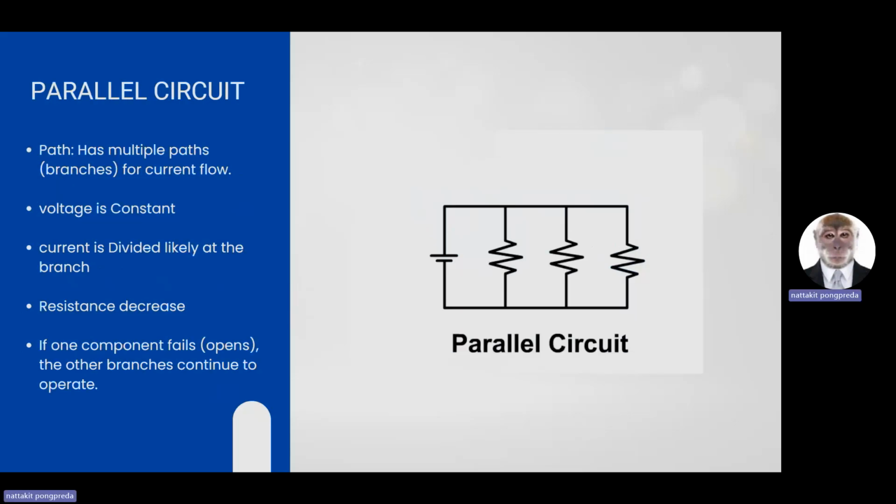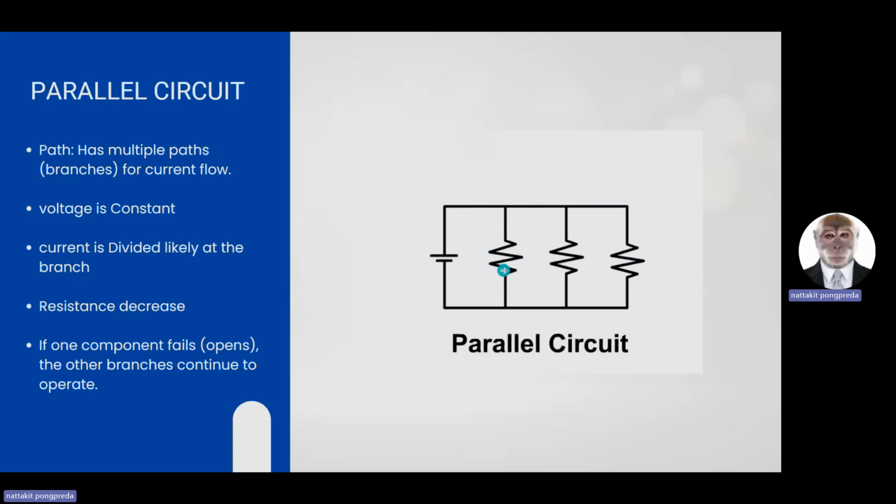Next, parallel circuits. Parallel circuits have multiple paths, which are branches, for the current to flow. As you can see, there are intersections and junctions where current can flow and divide throughout each component.